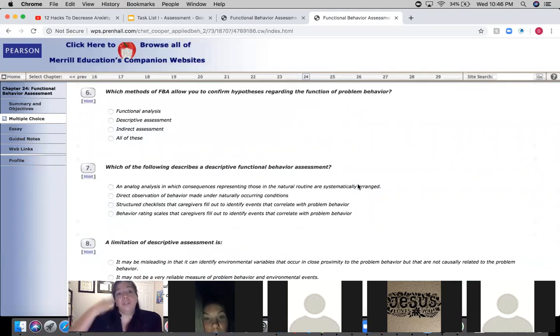Number 6. Which methods of FBA allow you to confirm hypotheses regarding the function of problem behavior? A, functional analysis. B, descriptive assessment. C, indirect assessment. Or D, all of these.